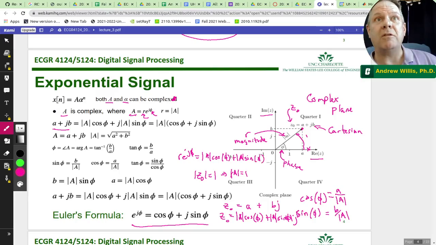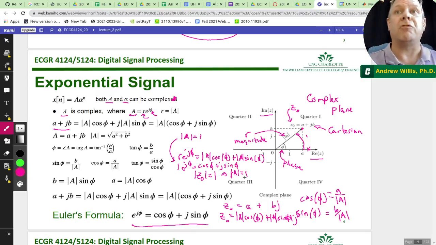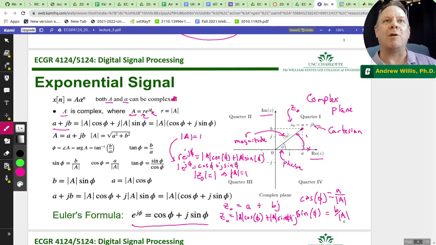But if the magnitude of a equals 1, then r is equal to 1. Then you have e to the j phi is equal to cosine phi plus j sine phi. And we've actually proved Euler's formula just using trigonometry, right? There's nothing fancy going on here. We're just using trig.